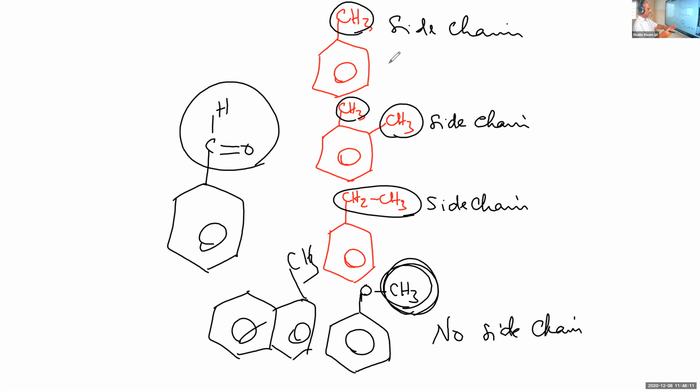The carbon is directly linked to the nucleus, aromatic nucleus. Maybe benzene, naphthalene, anthracene, whatever aromatic nucleus it is, the carbon atom is to be directly linked, then only it is treated as a side chain.